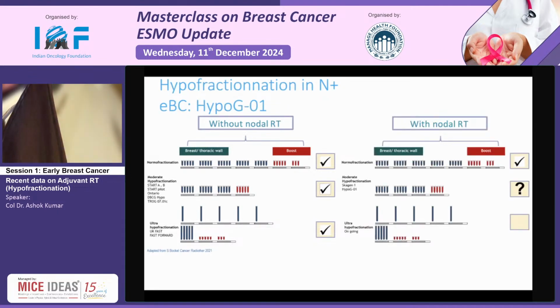In all these scenarios, we are going to radiate the nodal basin also. So with the changing scenario, do we need to stick to the 5-week regimen, or can we reduce it to a 3-week regimen so that the patient can be relieved of treatment as soon as possible? That is 2 weeks of time we will be saving for the patient.